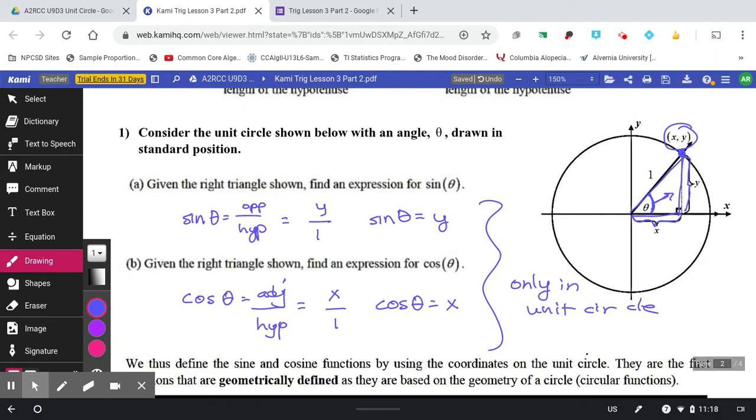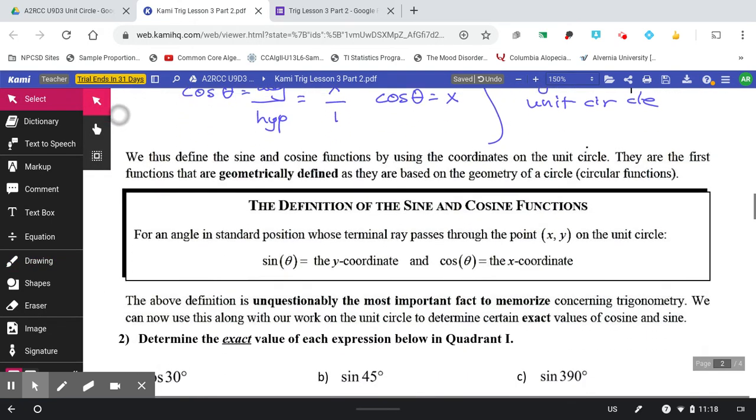So it has to be that xy coordinate: the cosine is always the x value in the unit circle, and the sine is always the y value. Just as x and y are alphabetical, cosine and sine are also alphabetical, so that's a little way of remembering which is which.